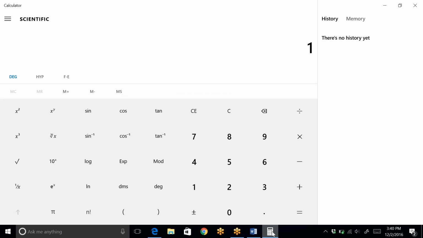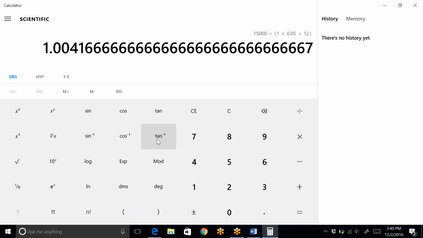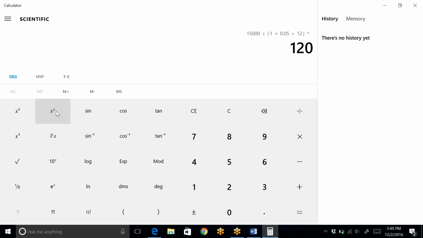So I'm going to carefully enter that into my calculator, 15,000 divided by, I always put a parentheses on anything in a denominator, 1 plus 0.05 divided by 12 raised to the 120th power.